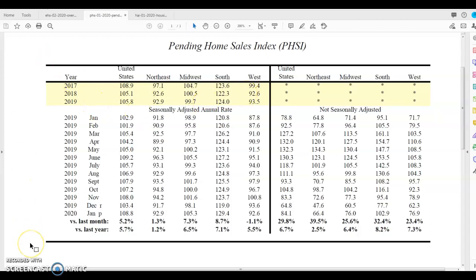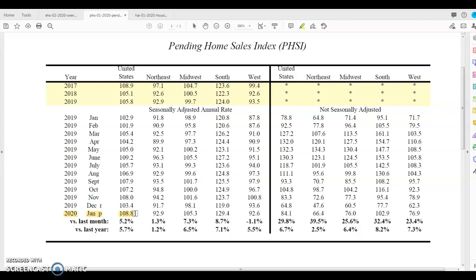Same kind of format here, but these are index numbers. For January 2020, you'll notice the index is 108.8 for the overall US. Well, the index is benchmarked to 2001, meaning that pending home sales are 8% higher than 2001.